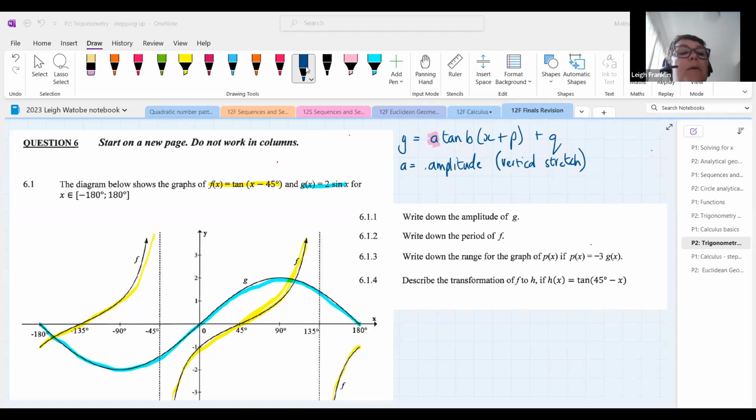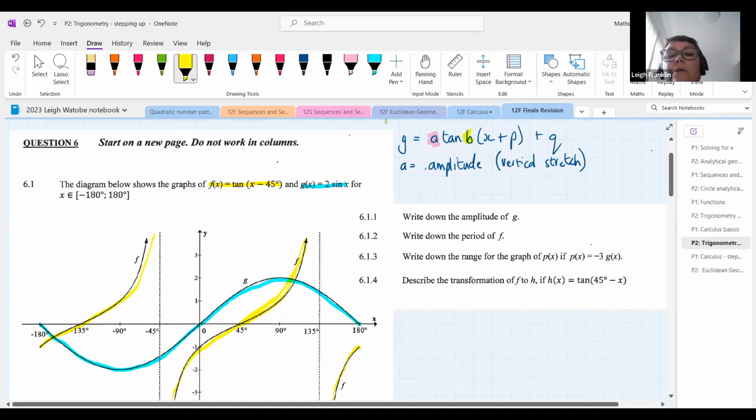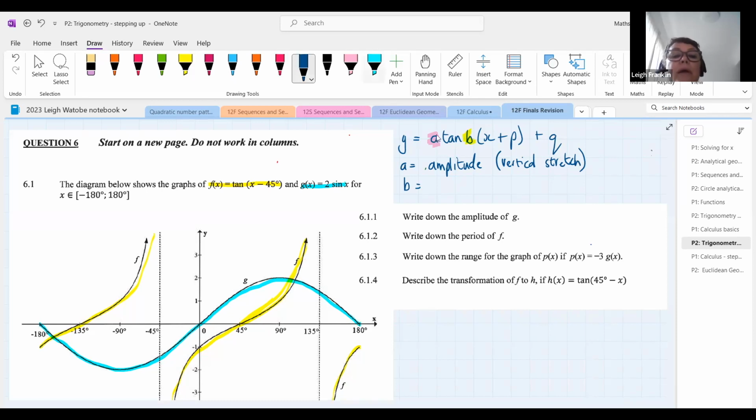What does the letter B represent? Exactly, our period. So B affects our period. And what does period tell us about a particular function? What does the word period mean for us with a trig function?